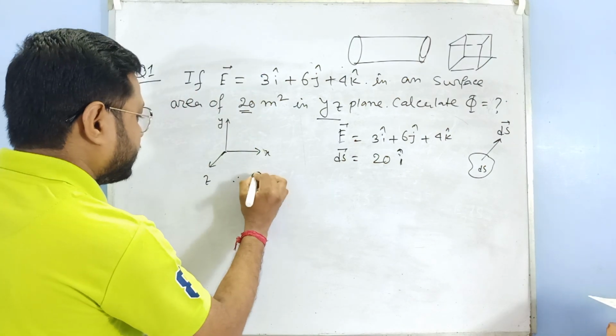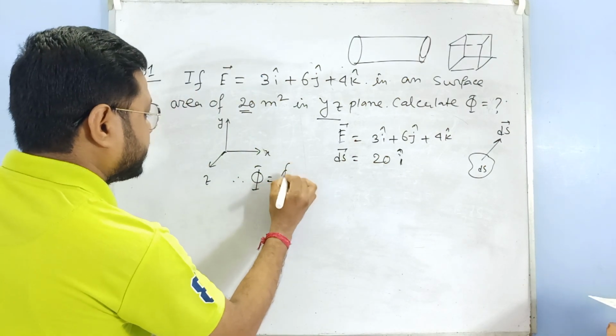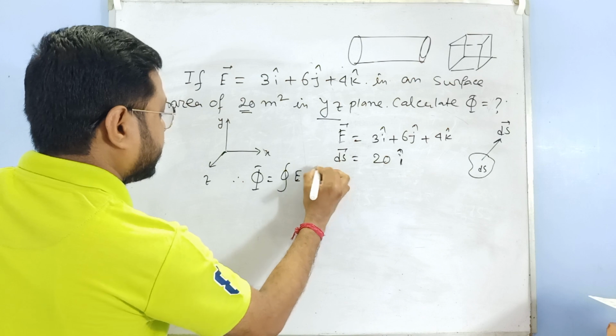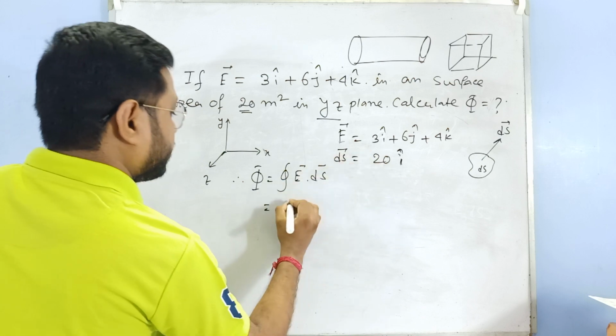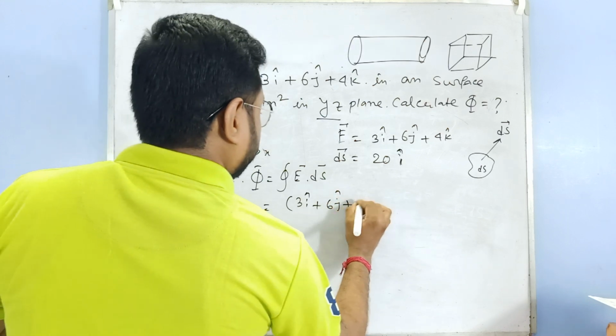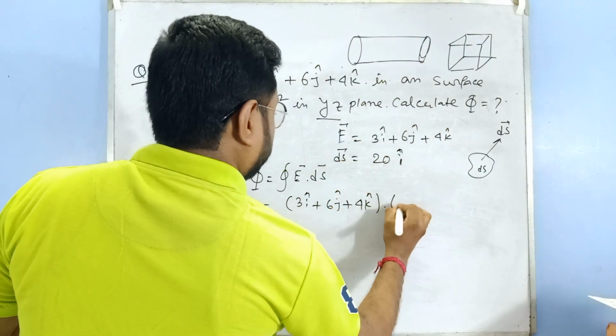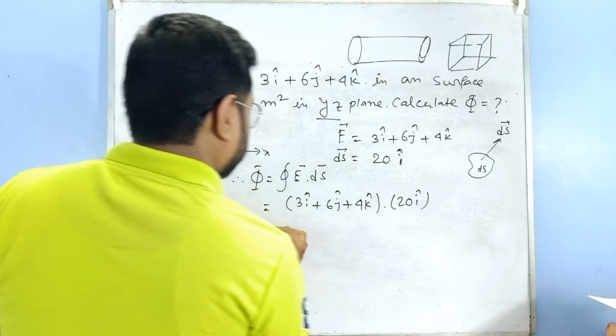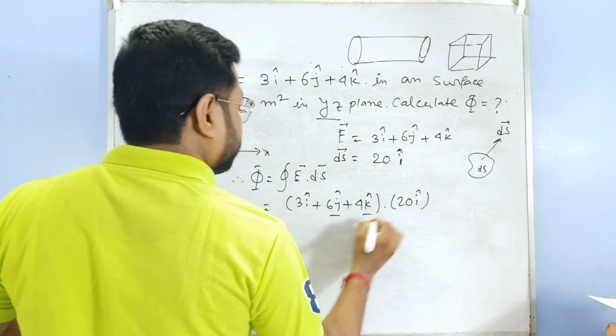Now we calculate the flux phi equal to the closed integration of E dot ds. So you get the dot product of 3 i cap plus 6 j cap plus 4 k cap dot 20 i cap. For the dot product, we know that the other components must be 0.